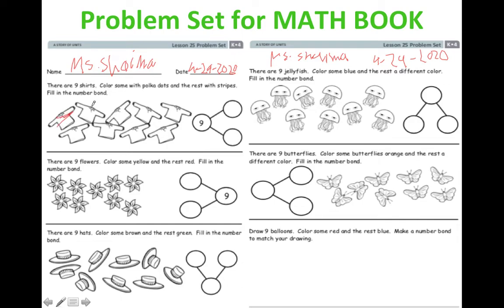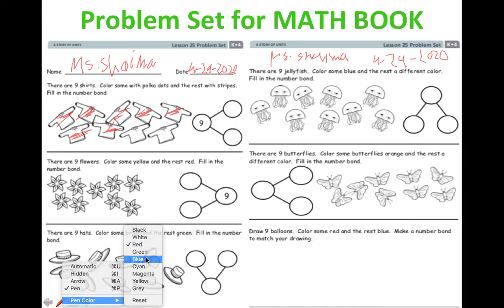So I'm going to color, let's see how many shirts I colored red. I have 1, 2, 3, 4, 5, 6, 7, and I'm going to color the rest of them blue.